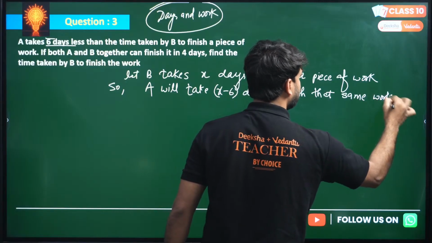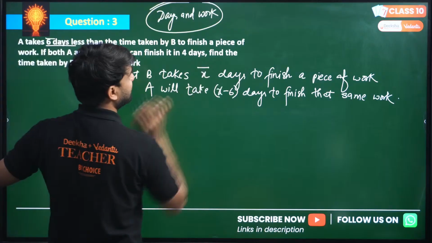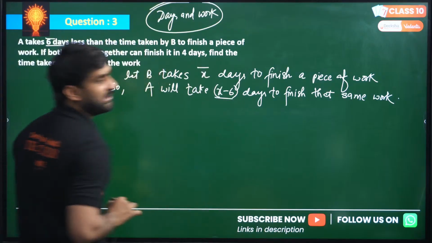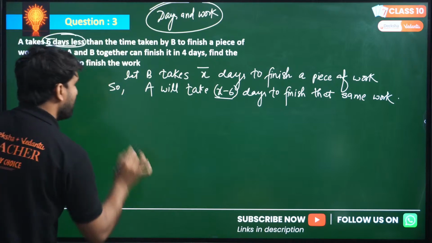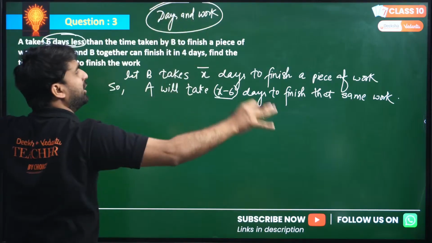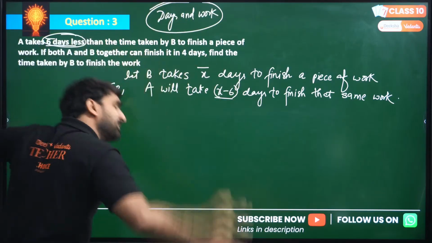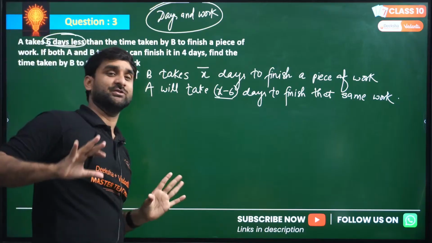Is it clear? If B is taking X days, A will be taking X minus 6. The question is saying 6 days less. So the piece of work is completed by B in X days, and that same piece of work is completed by A in X minus 6 days.